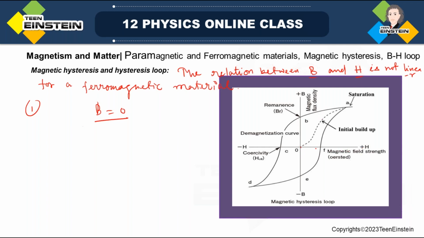This curve is actually called the BH loop, the hysteresis loop or BH loop. I will say why it is called a loop. At least you can see that B is plotted on the y-axis and H is plotted on the independent axis.